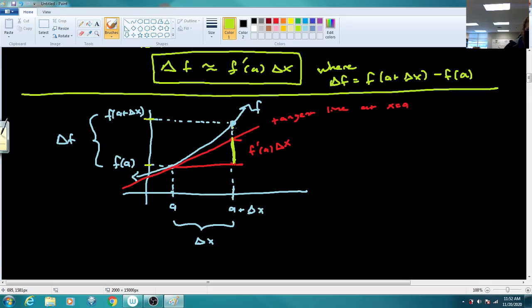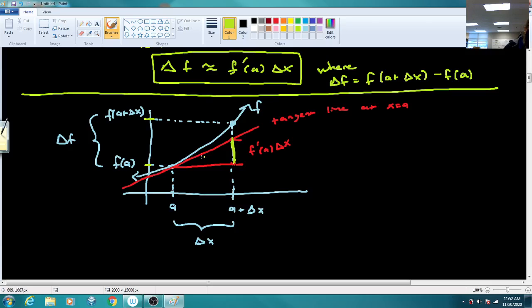And you can see there's a little gap there, so it's not perfect. We can see the smaller delta x is, the smaller the gap there is. As delta x gets closer to a, the gap gets smaller, so this approximation is better the smaller delta x is, because the gap between where the function actually is and the tangent line gets smaller.